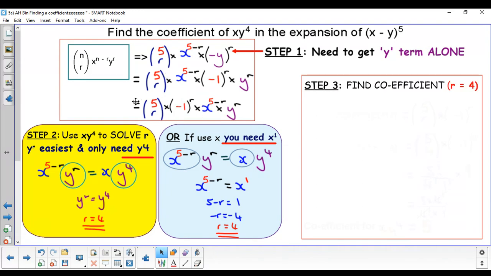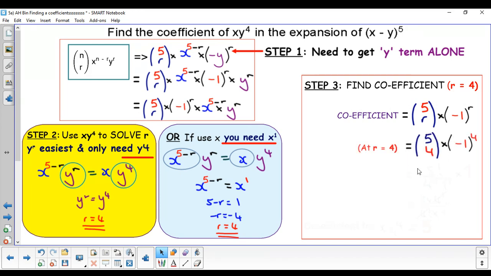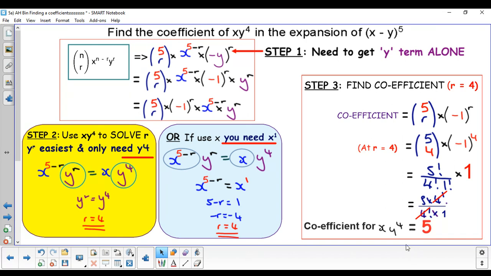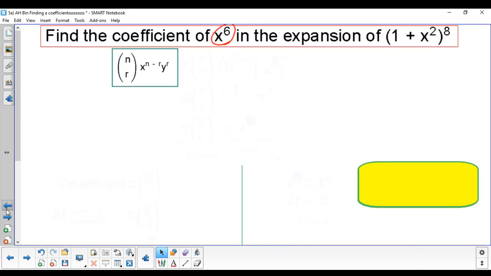So then we remember to take everything that's not part of the term part. So we're going to substitute in r equals 4, and we will get 5 factorial over 4 factorial times 1 factorial, and minus 1 to the 4 just turns to plus 1. That's 5 times 4 factorial over 4 factorial, and you know the 4's cancel, and you just get 5. That's it. So I'm not going to do 2 parts this time. I'm just going to go straight to it.